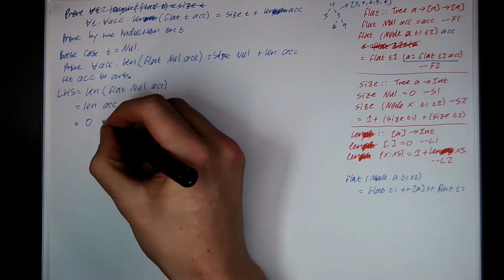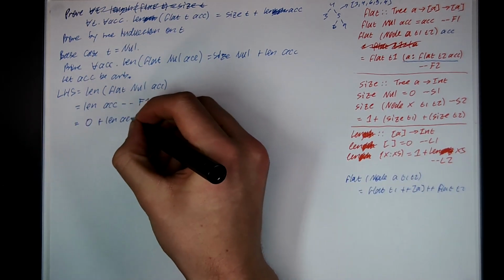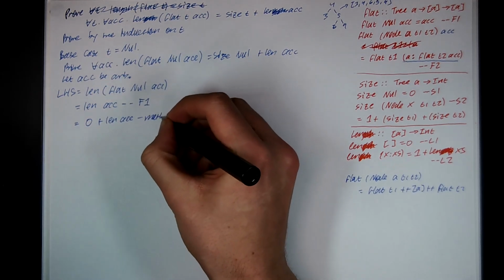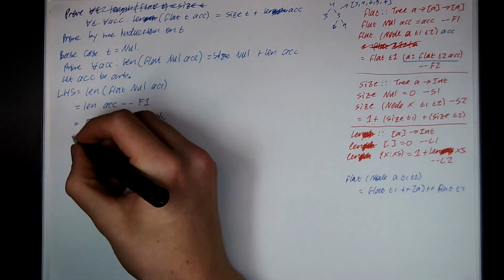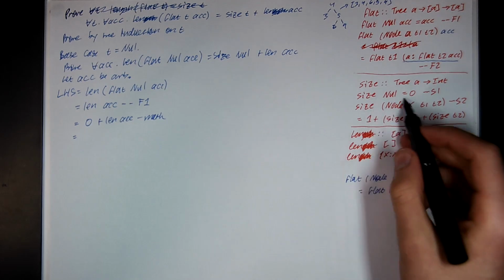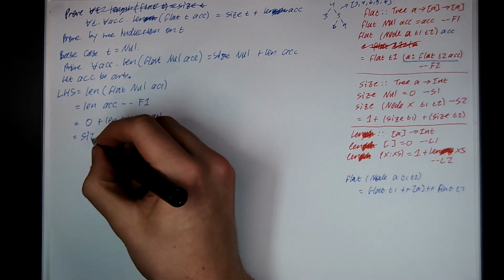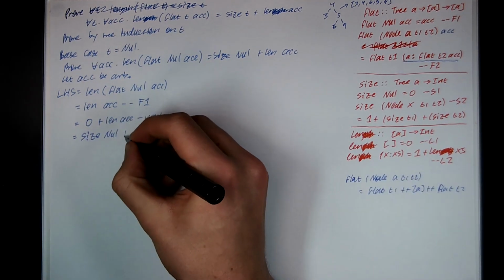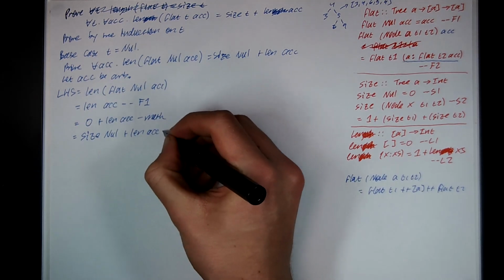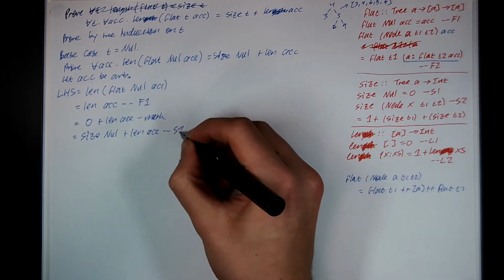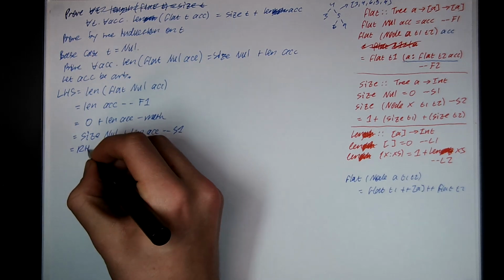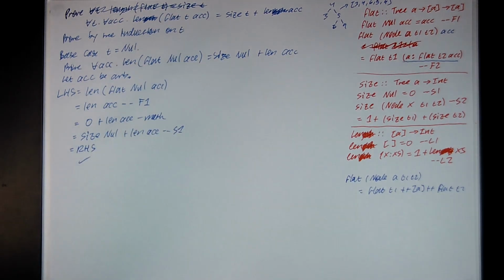So I'm going to write this as 0 plus len ACK by math, because anything plus 0 is unchanged. And then I can replace the 0 with size of the null tree, using S1 backwards. So we have size of null plus len ACK by S1. And this is equal to the right-hand side. Okay, cool. Base case is proven.